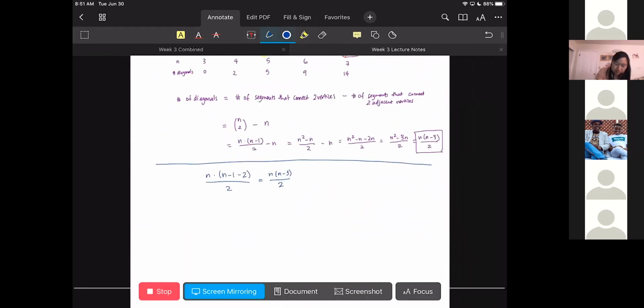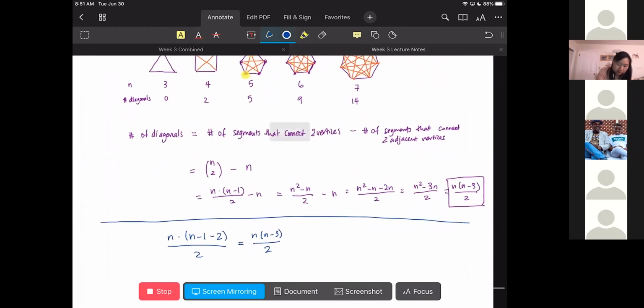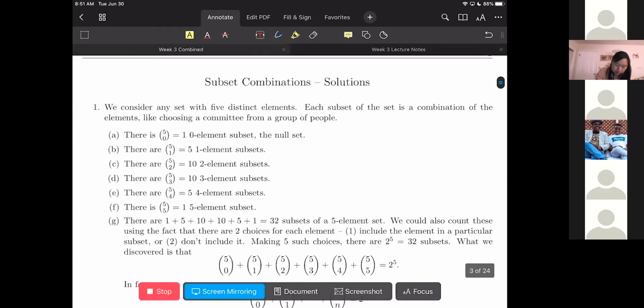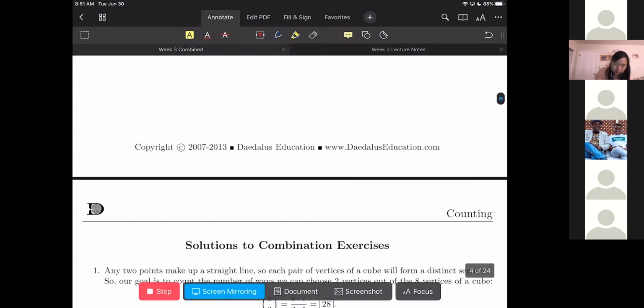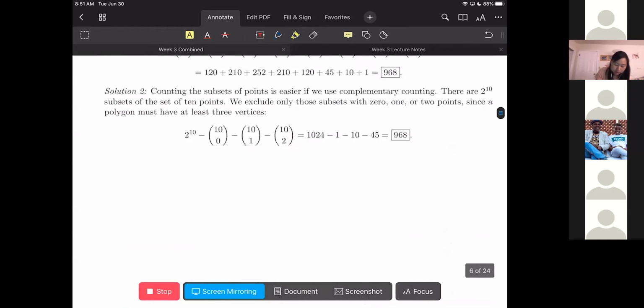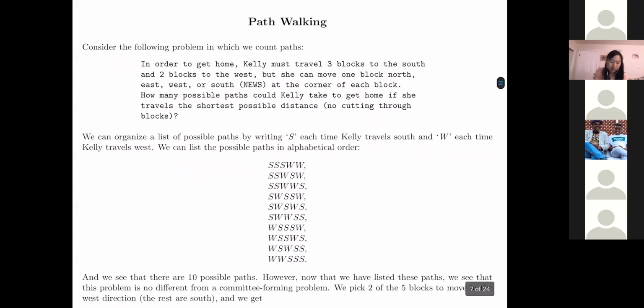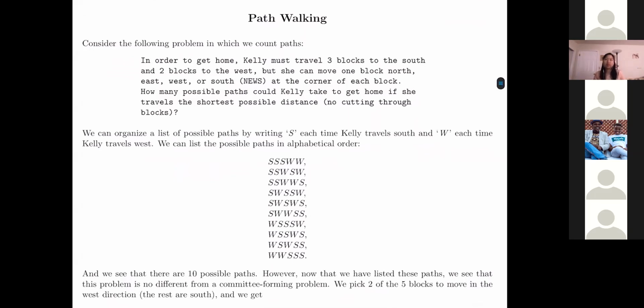All right. So now let's look at a different class of problems also related to combinations. Here we're going to look at what we call path walking exercises. Again, we'll do an explanation with an example. Consider this problem, where we want to count the number of paths.